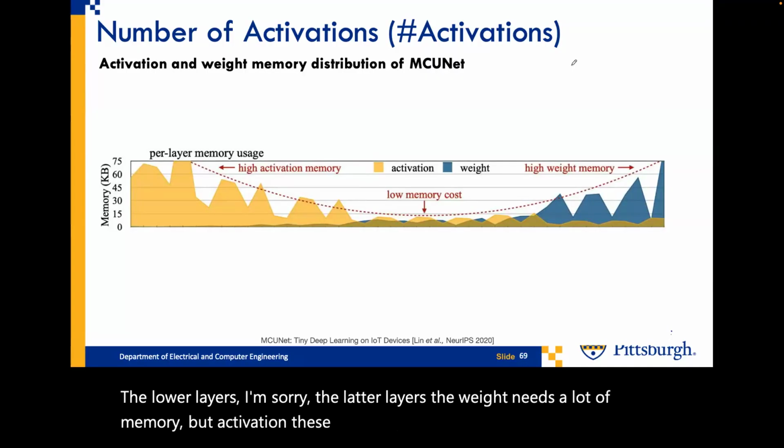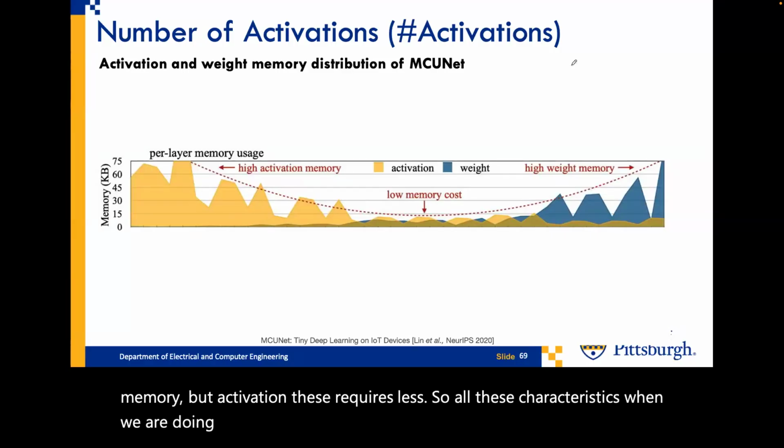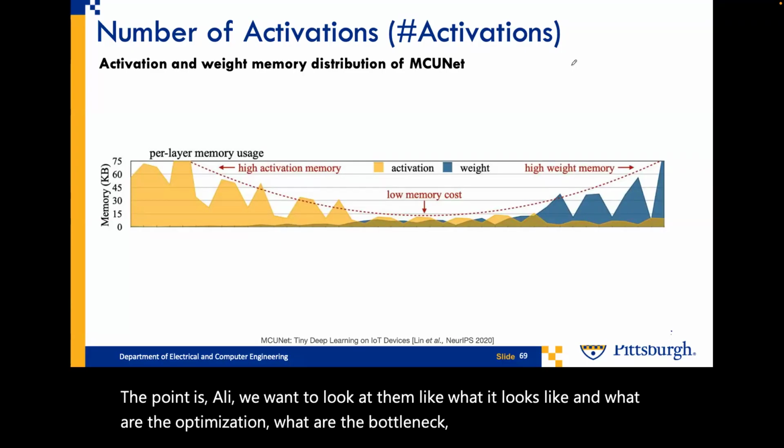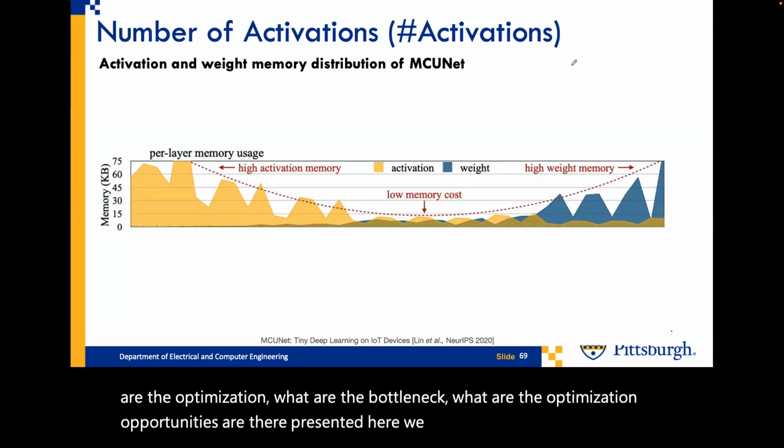When we do this profiling to look into memory usage, the point is to see what it looks like, what the bottlenecks are, and what optimization opportunities are presented here to make the system smoother.